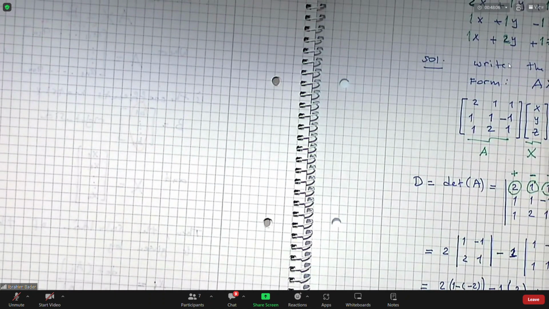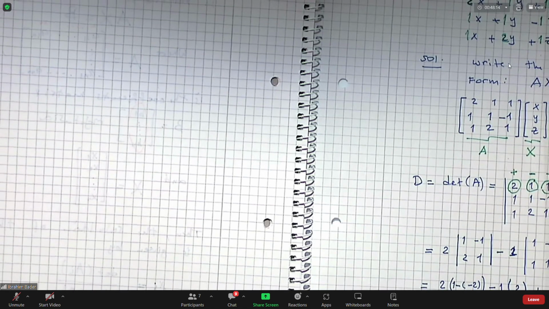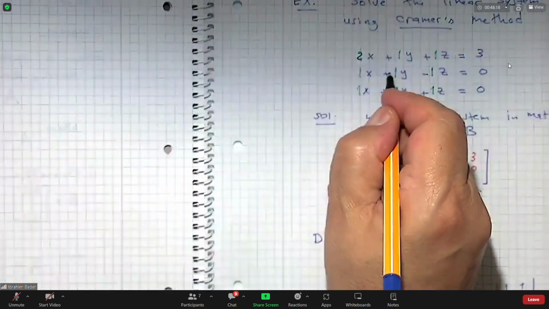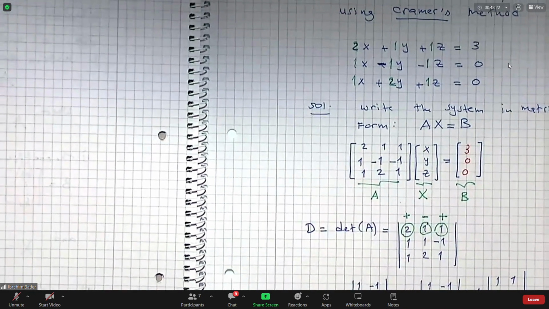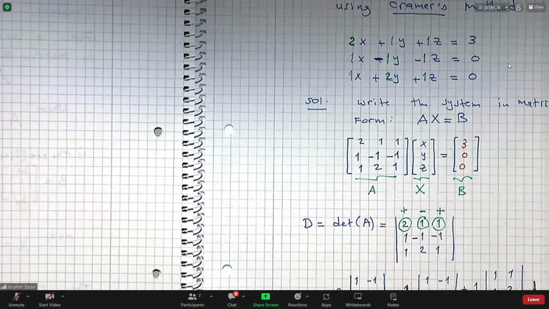Let me just check it in the script. No, sir, I was wrong. I was confused about something. Yeah, please correct this. This is a negative, and this one is a negative. Okay. Then this determinant is negative, negative.